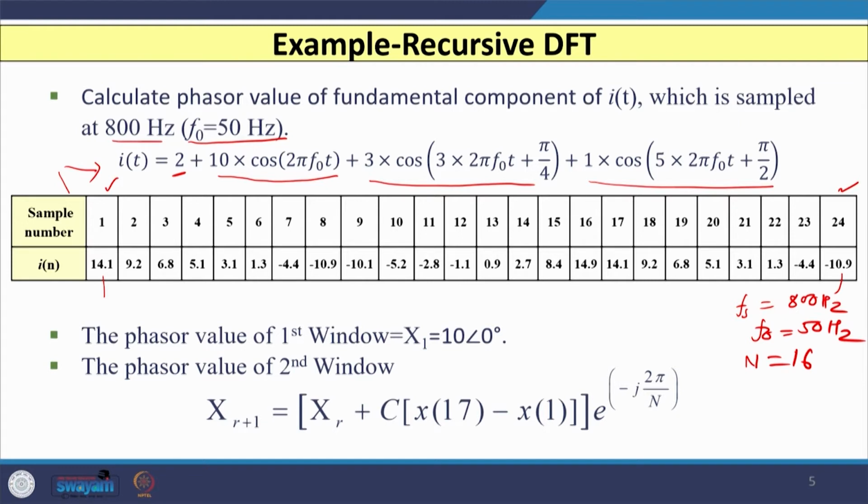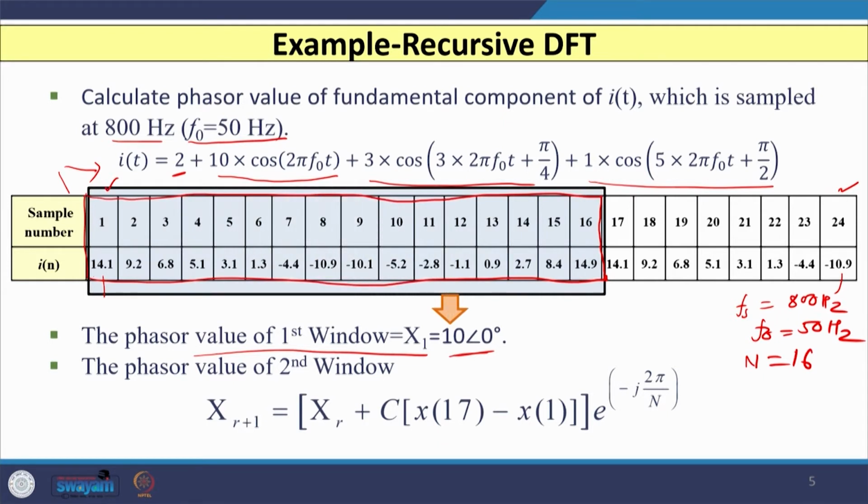So, if you consider the first window, let us say from sample number 1 to sample number 16, and you calculate the phasor value using these 16 samples in a window or in a cycle, let us say that value is given by x1, and that value you can obtain, that is 10 angle 0, for the fundamental component. So, you can see that for these first 16 samples, the phasor value of the fundamental component comes out to be 10 angle 0.